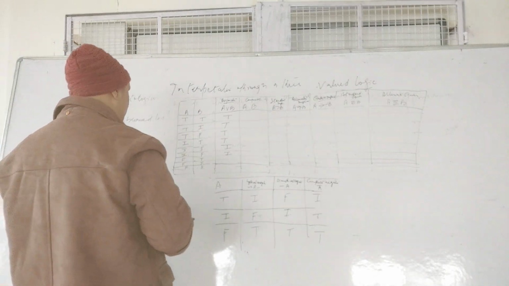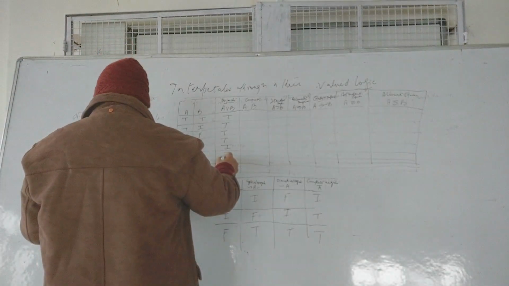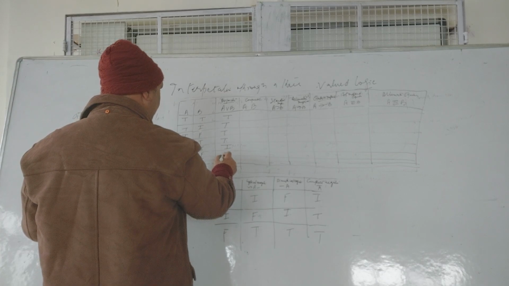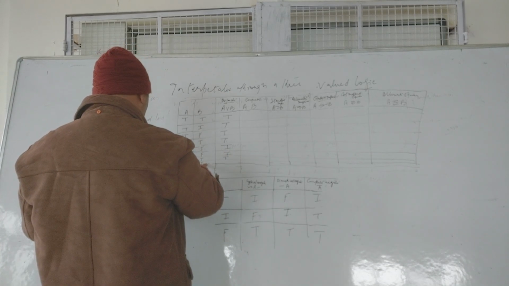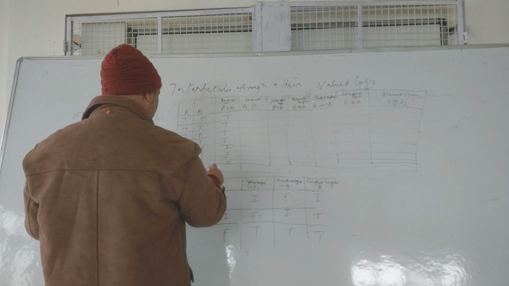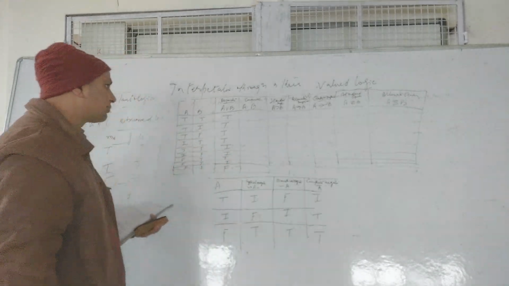Falsehood and truth, what will come? Falsehood and truth will come back as truth in disjunction. Falsehood and intermediate, intermediate will come back.